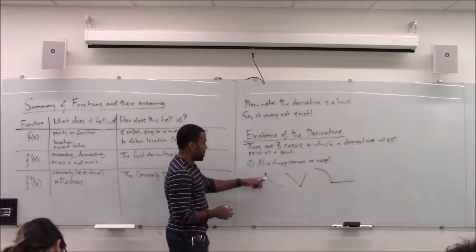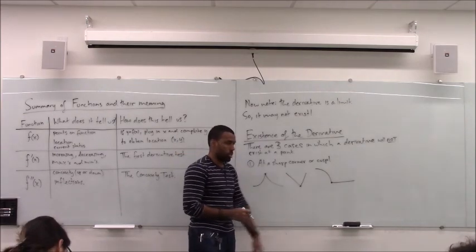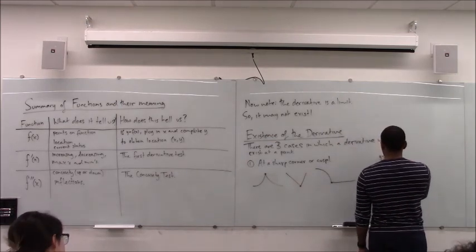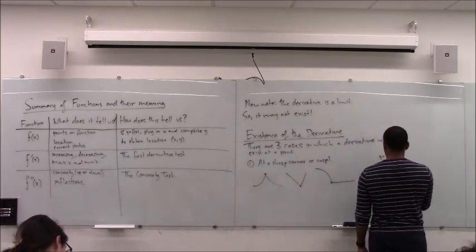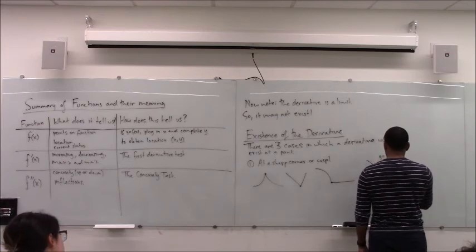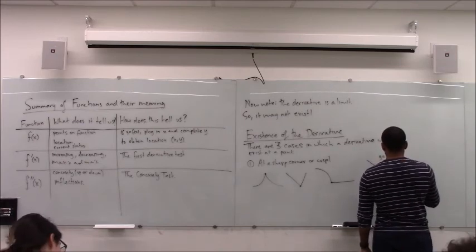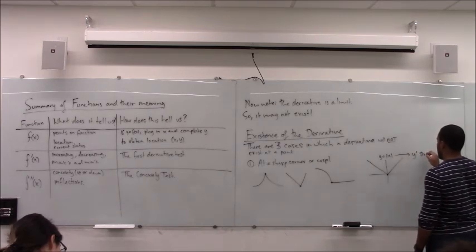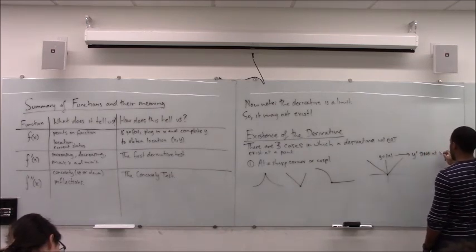At these locations here, it turns out that your derivative will not exist. In fact, a common example is y equals the absolute value of x, that looks like a V, as you know. It turns out that y prime does not exist at x equals 0.